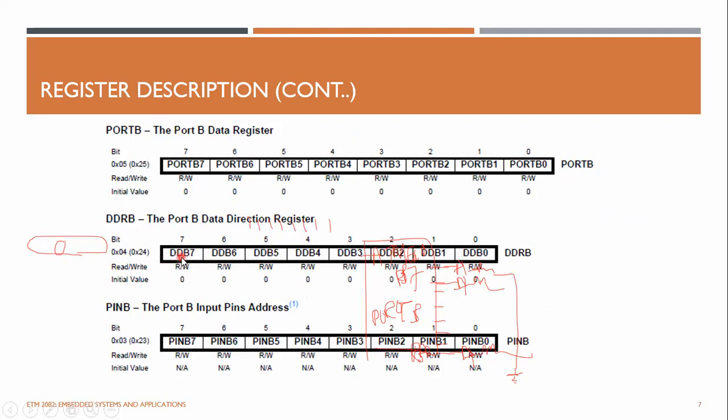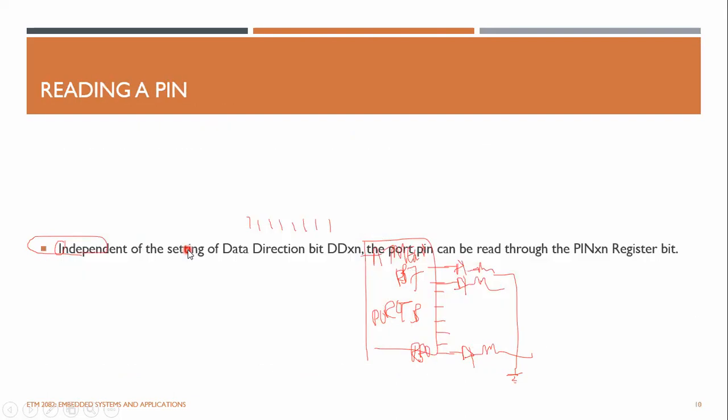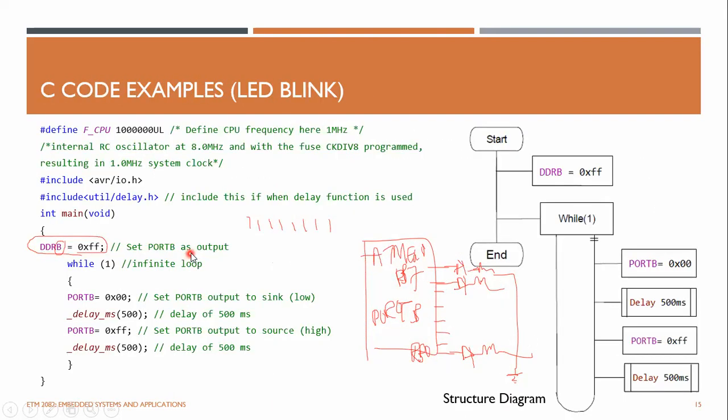In binary, all ones is 255, but in hexadecimal it is FF. Either you can write it as DDRB equals 0b11111111.